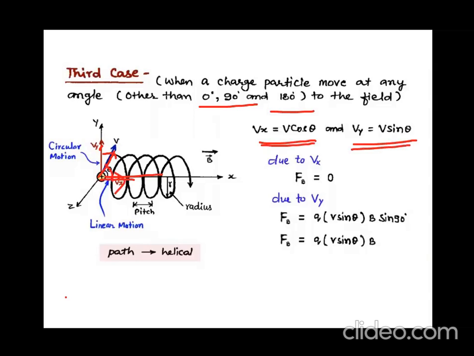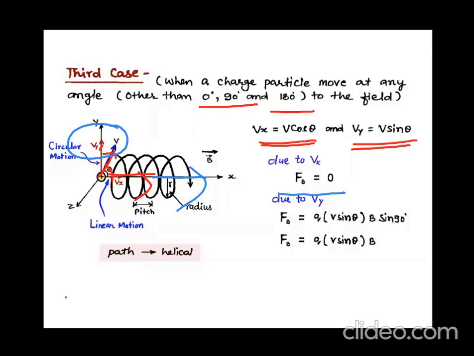Now vx is in the direction of the magnetic field. See, beta, the direction of vx is this, and the direction of the magnetic field is also the same. So we have already done that when velocity and magnetic field are in the same direction or in opposite direction, the magnetic force is zero, right? So due to vx, the magnetic force is zero. Okay. Now let's talk about vy.